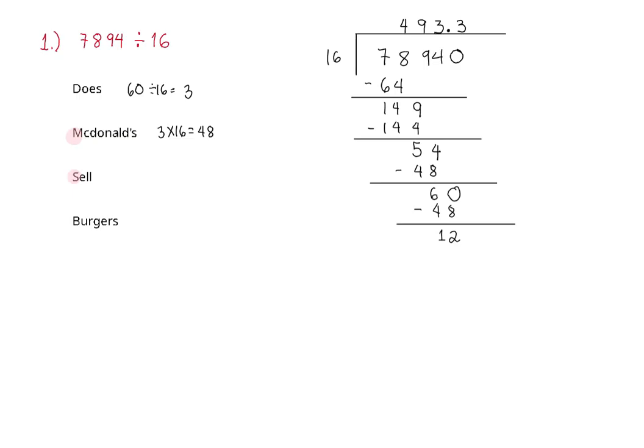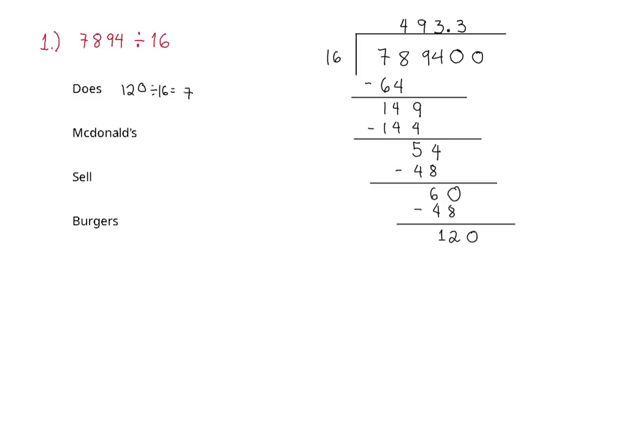Bring down another 0, making the 12 into 120. Let's repeat the process by dividing 120 by 16. It goes in 7 times.